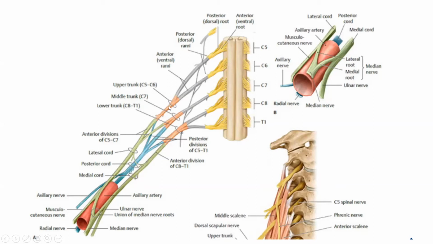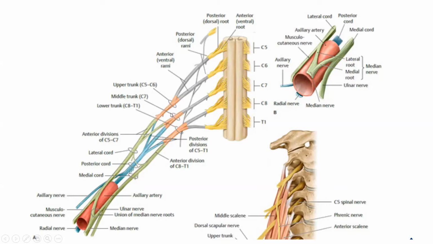The upper, middle, and lower trunks are named according to their position, because superiorly it's upper, in the middle is middle, and inferiorly is inferior. Then you can usually find these trunks at the scalenic fissure.